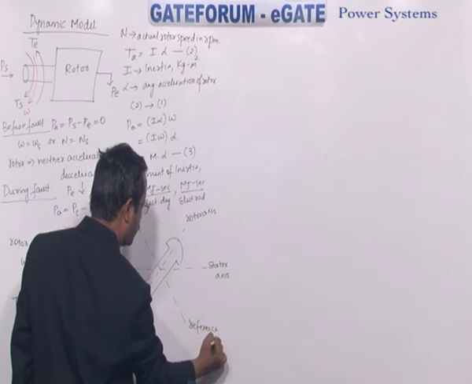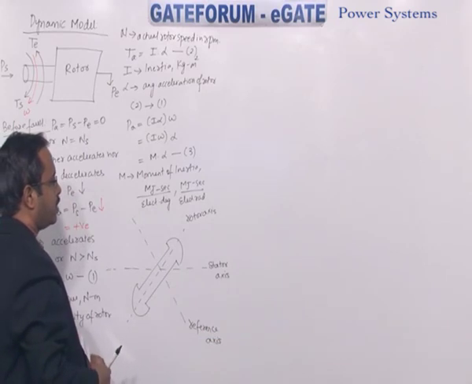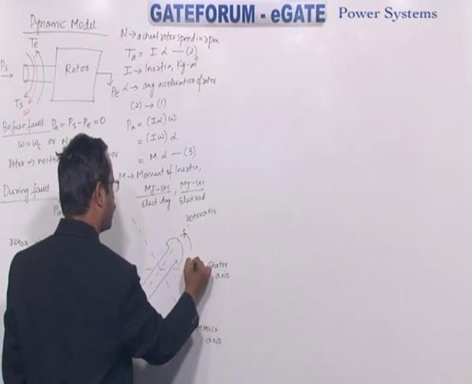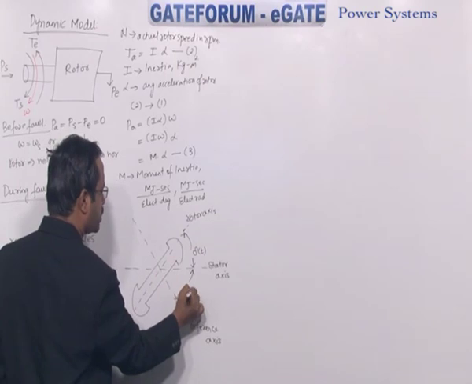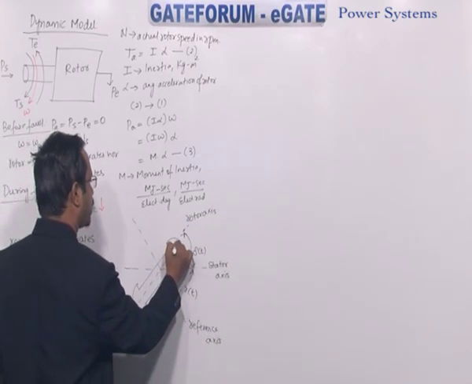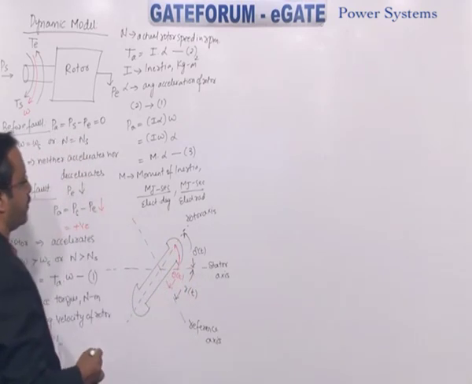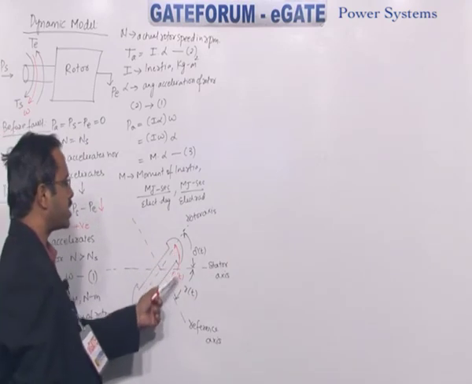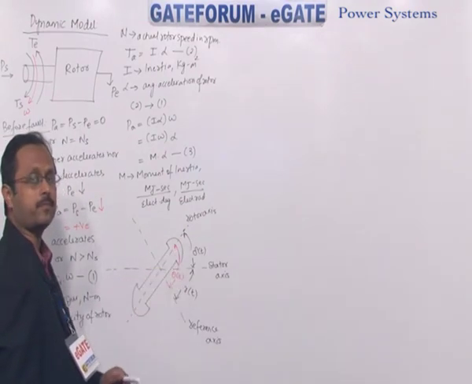What about here the reference axis? So what is the angle between the rotor and stator? By default you mention delta of t. What about this angle? You say gamma of t. And now between the rotor and the reference you mention it as theta of t. So from this figure what we understand is theta is the sum of gamma plus delta.